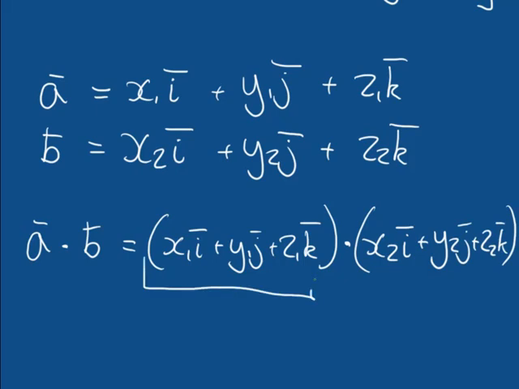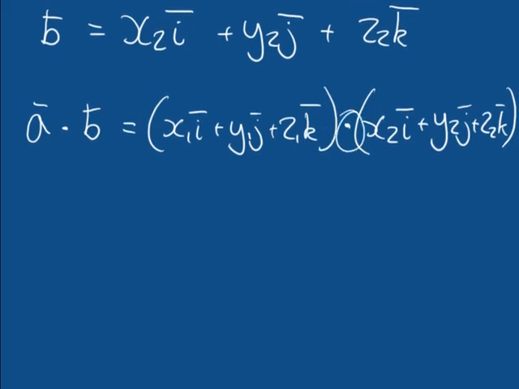So we've still got A dot B. But what do we mean by this dot? Well, really, dot is just another way of saying a multiplication. So if that's what we're saying here, a multiplication, well, let's expand this multiplication.